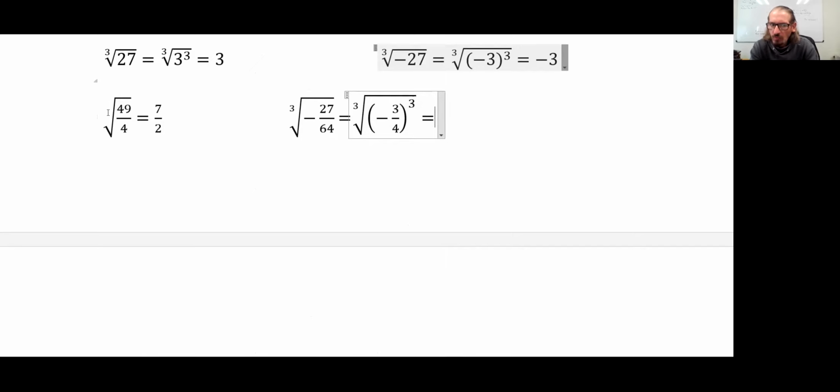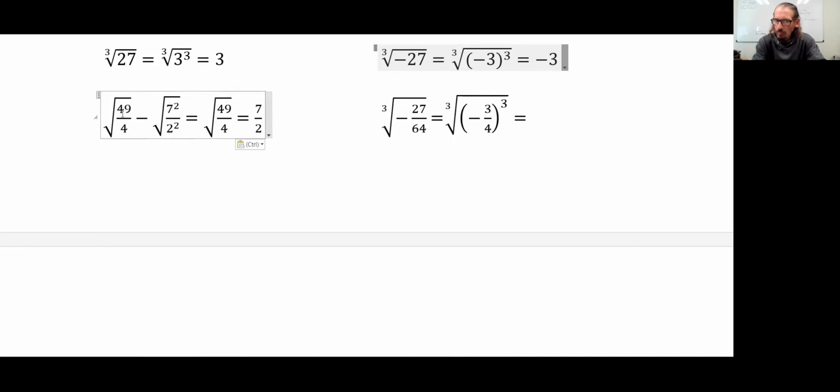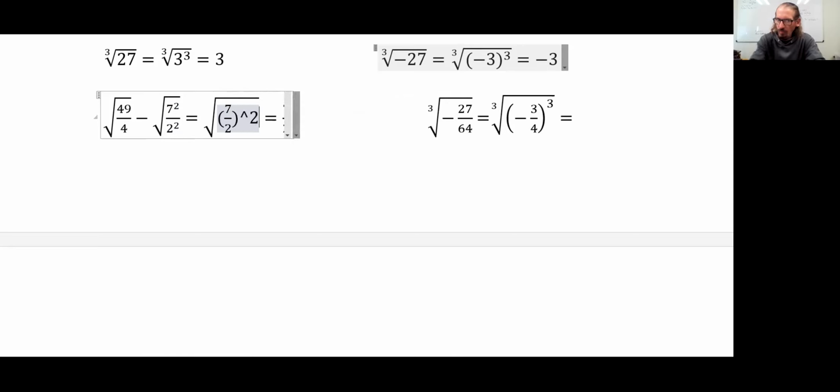So since we don't know what's going on in section 7.2 just yet, we could have said, well, that is 7 squared over 2 squared. And we do know that with exponents, we write that as 7/2, all of that squared.